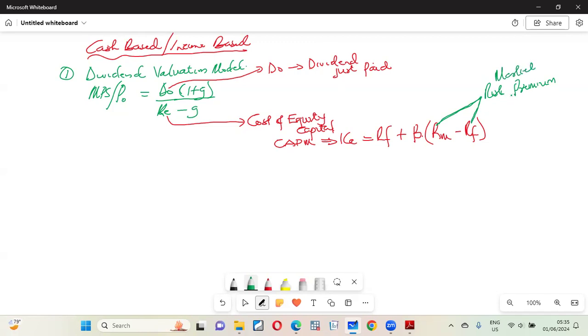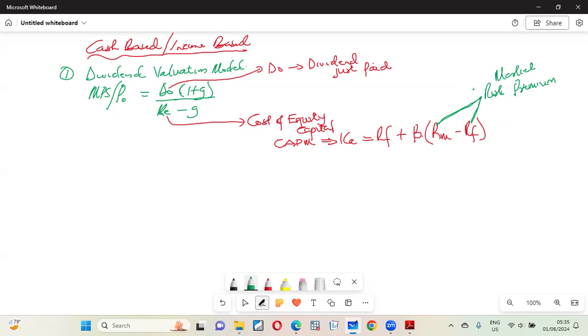If you see a risk premium in the question, it means the one in the bracket has already been done for you. You don't redo it again. So that is how we find the KE.